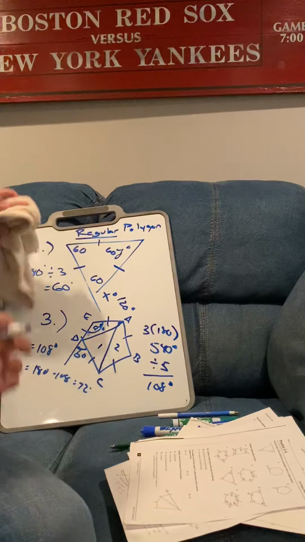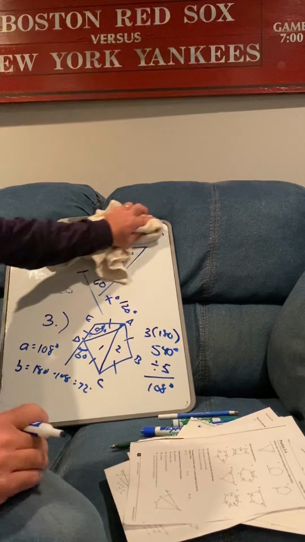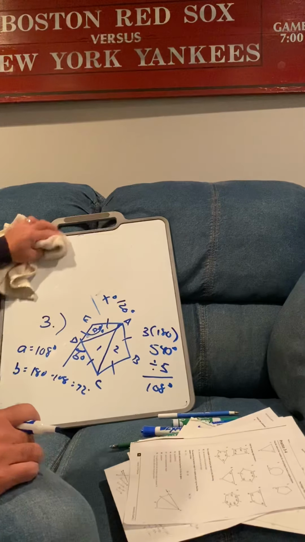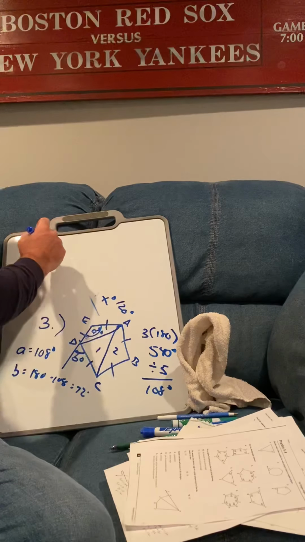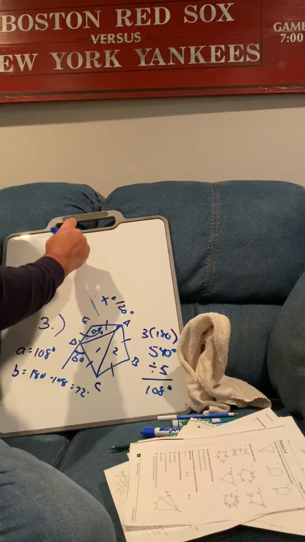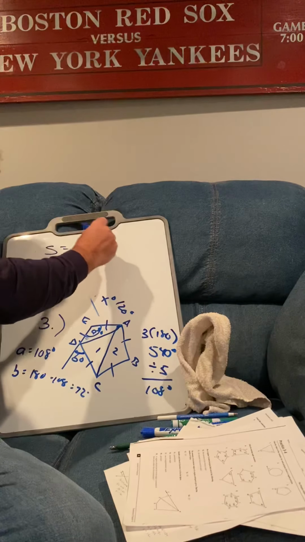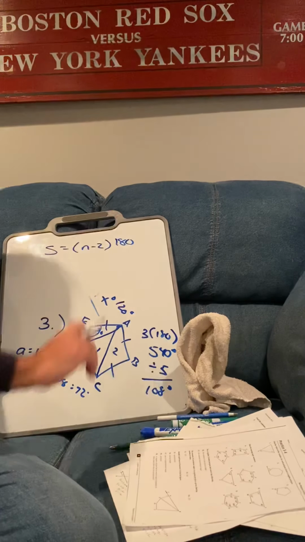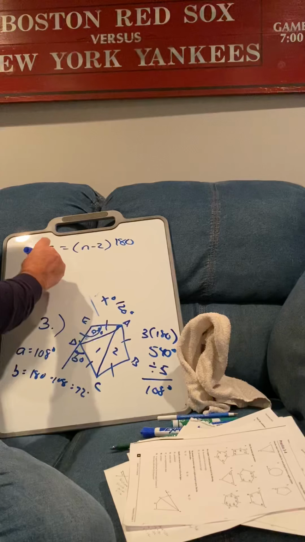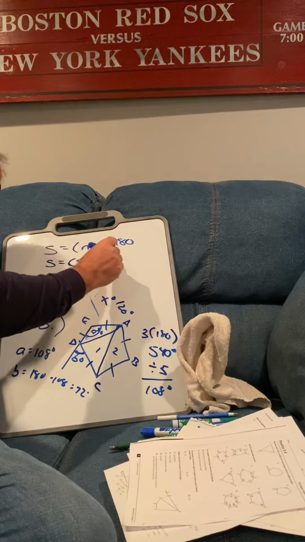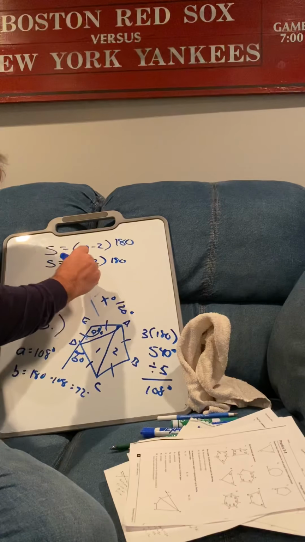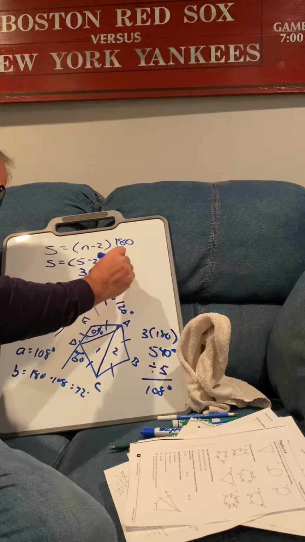The formula that we can use to find the angles in any polygon is S equals n minus 2 times 180. So if we go back to that pentagon, a pentagon has 5 sides. 5 minus 2, 3 times 180.